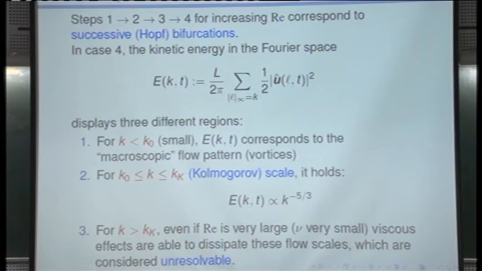So this is an energy, okay? So let's take the Fourier transform in space of the kinetic energy, in terms of the wave number. So for a fixed t, we have the energy in terms of the modulus of the wave number, okay? So for each time t, we have the kinetic energy in terms of the wave number.